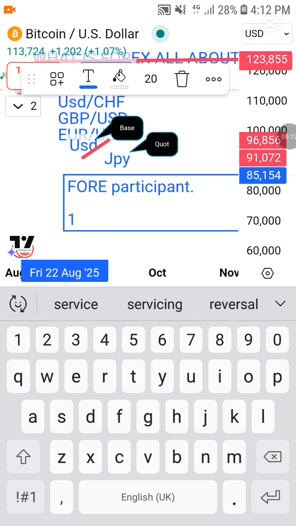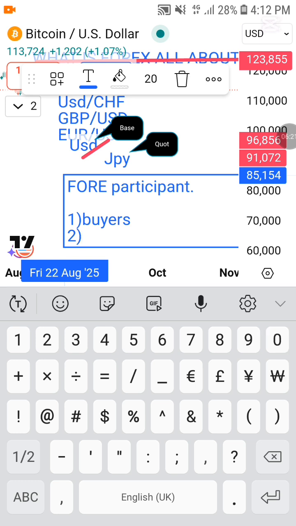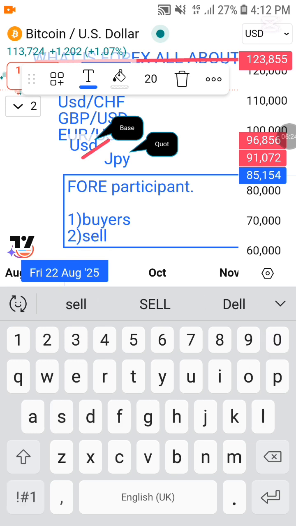Number one is called buyers, and number two is sellers. Can you see? So these are the two people that participate in this business.